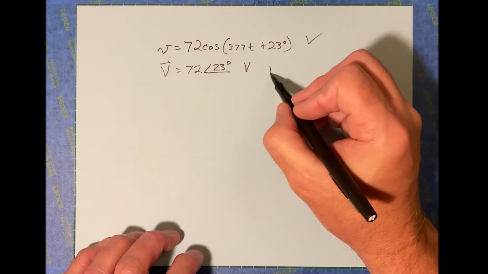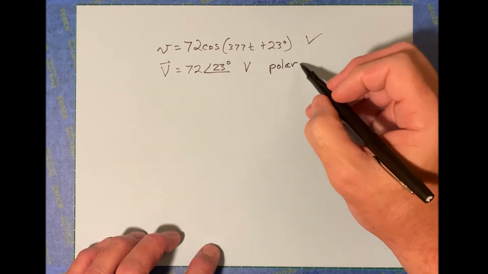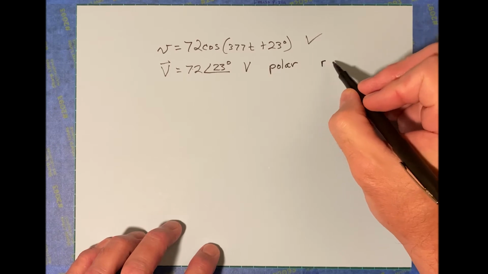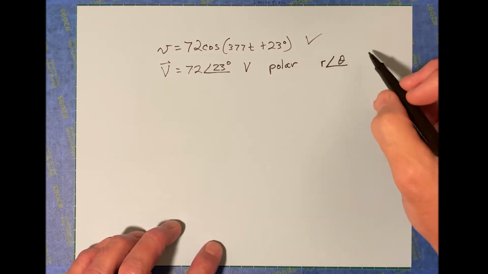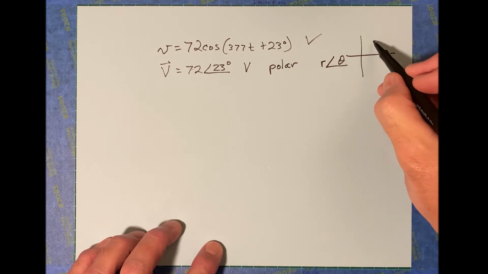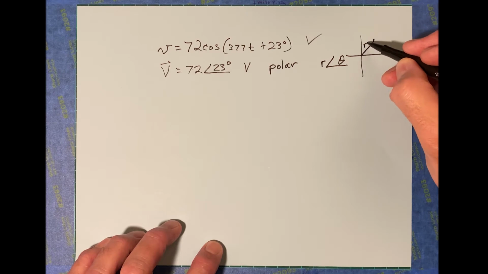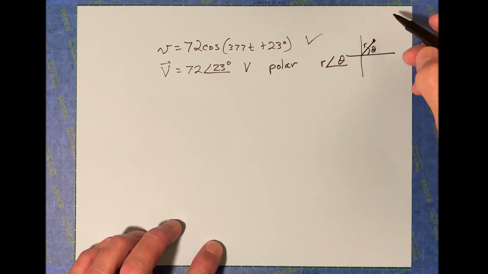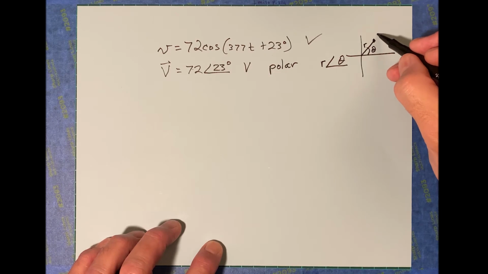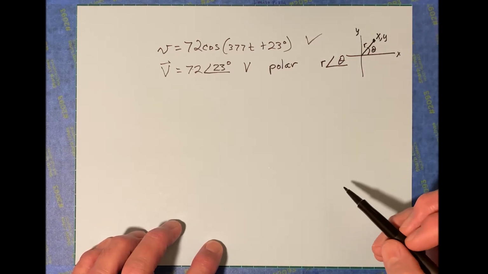Now when we did this, this is in polar coordinates. And polar coordinates in general has r and some angle. Remember, polar coordinates, to represent that point, I can represent it as an r and some angle. But that could also be expressed in rectangular coordinates as x and y, where this is the x-axis, that's the y-axis, like that.